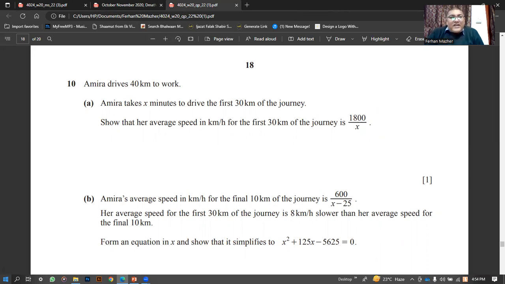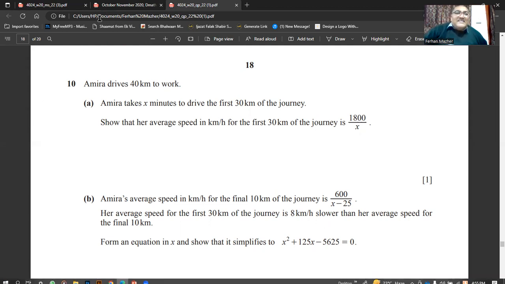Now you see, she is covering a distance of 30 kilometers, and the time is X minutes, but the time should have been taken in hours. So for that reason, I will divide the X by 60. So the time will be X by 60.